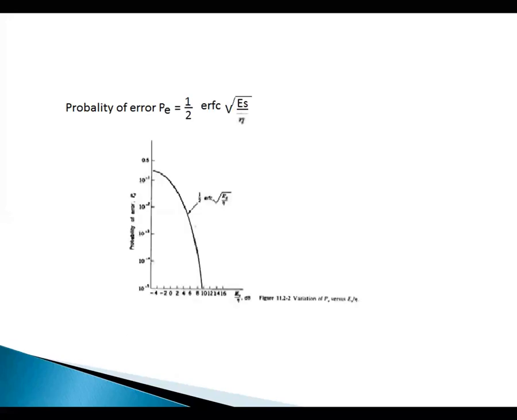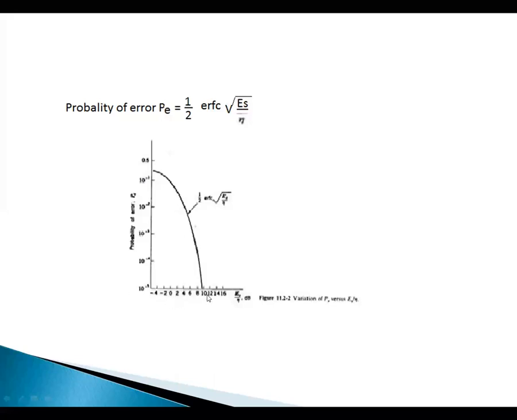Now this is the graph to know the probability of error: 1 by 2 ERFC square root of ES by eta. ES is signal energy, eta is noise spectral density. So this is a decreasing graph.